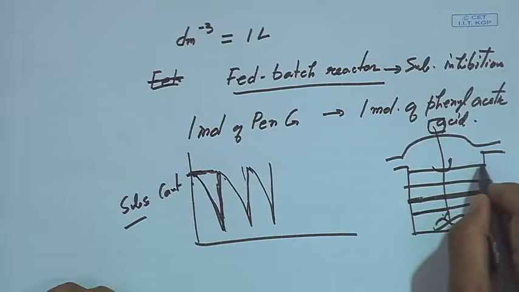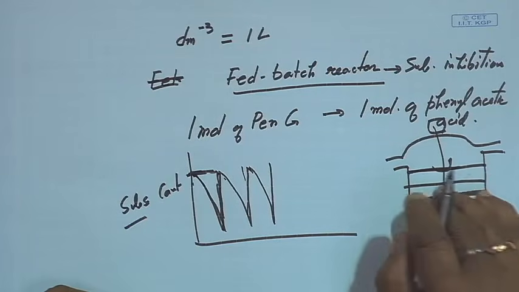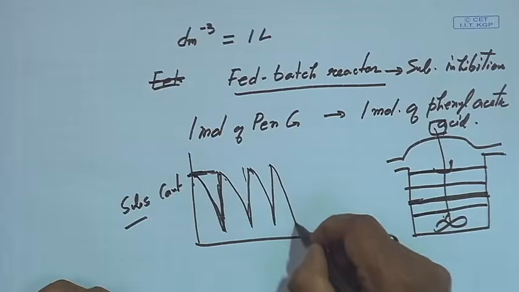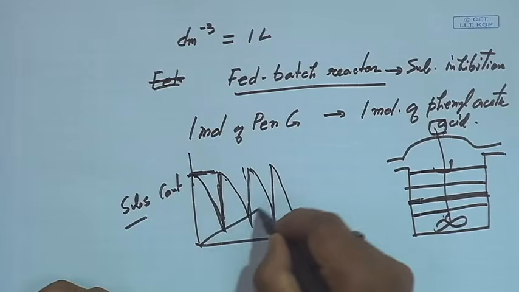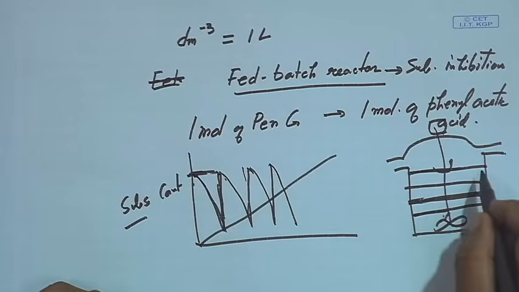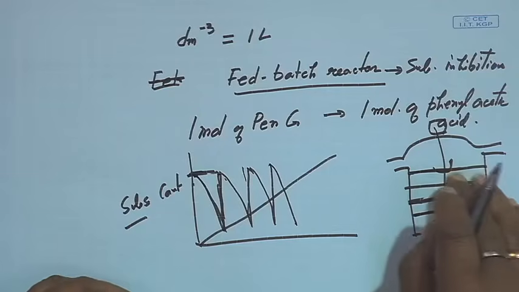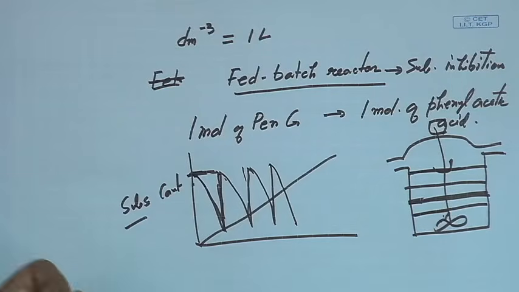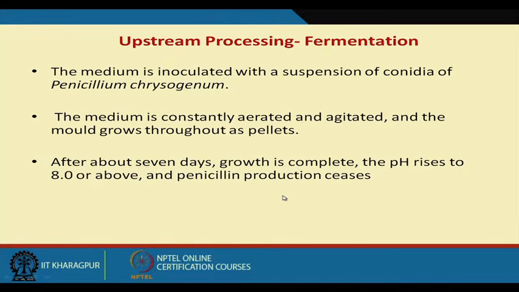Like this you come up until the reactor is totally filled, and the fermentation is complete, with product formation rising all along. Then you stop the fermentation and take the product out of the reactor. So this fed batch reactor was found most suitable for the penicillin fermentation process, because the substrate acts as an inhibitor.